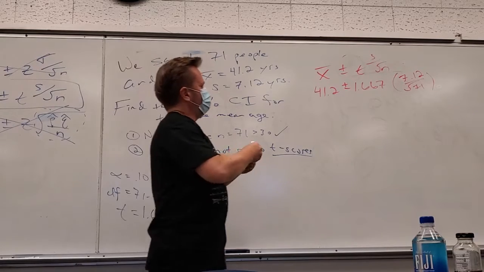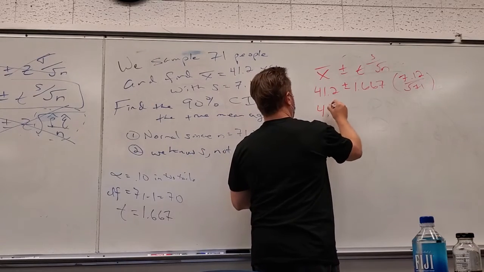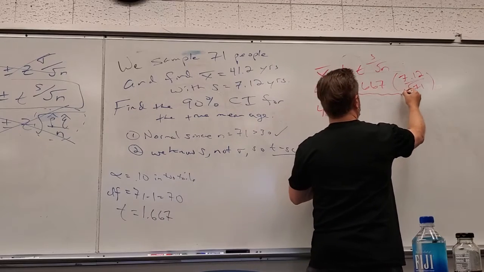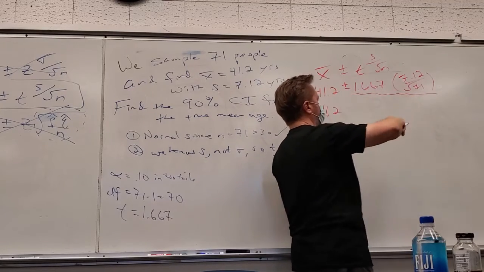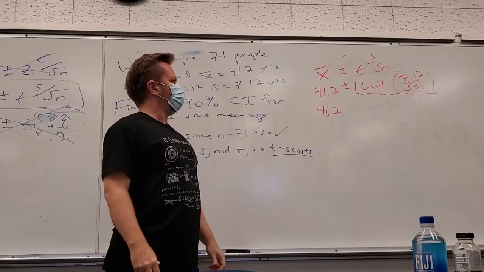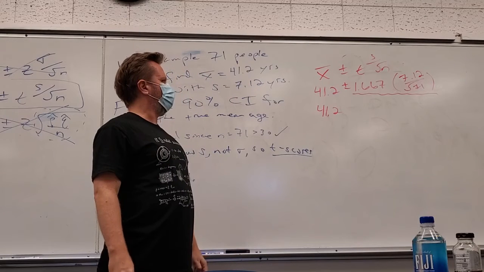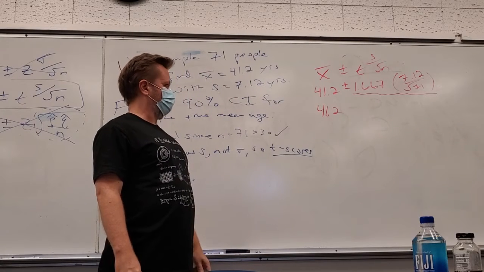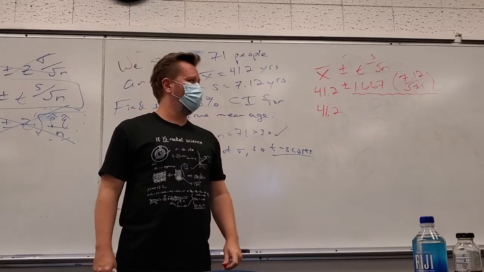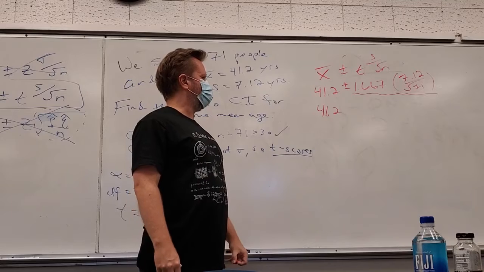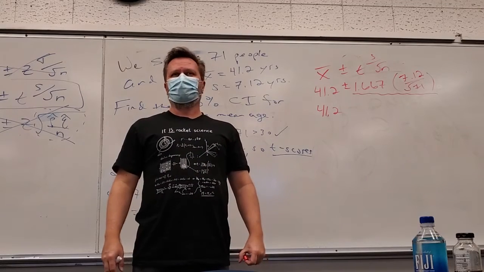So then what would you do to figure this out? I would highly recommend you figure out what the error is first. 0.8? I don't know, I get 1.3 in my head, I'm way off, I'm sure. Well, 1.41.